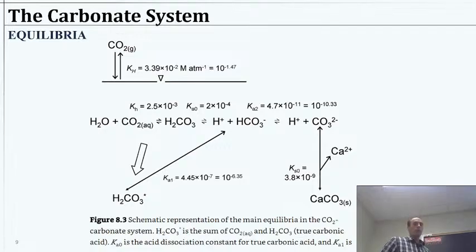Okay, so these equilibria, if we want to be fancy about it, we could plot it all out. All right, we have CO2 in the atmosphere up here. Then it's going to be in some equilibrium defined by our Henry's law constant, and it will exchange with whatever solution of water we have, assuming that it's open to the atmosphere, right?